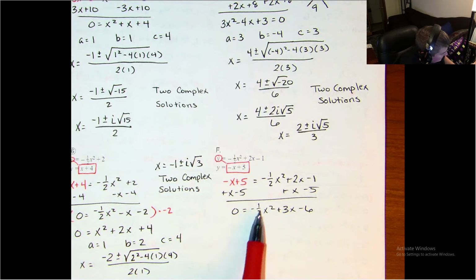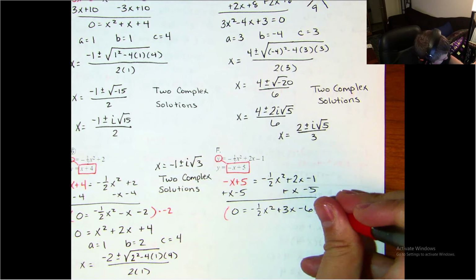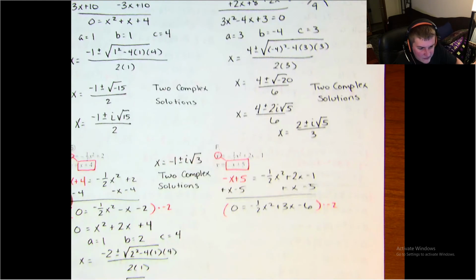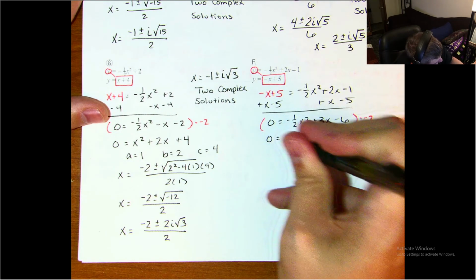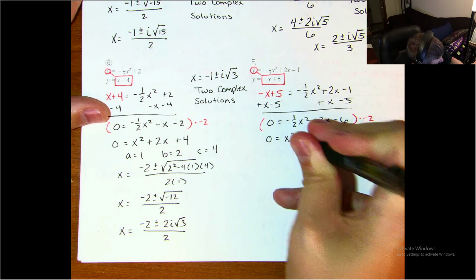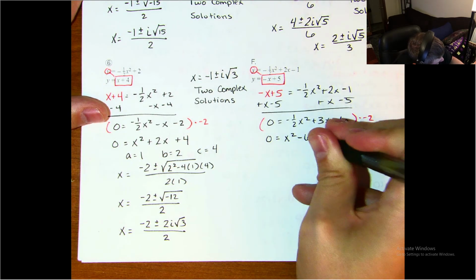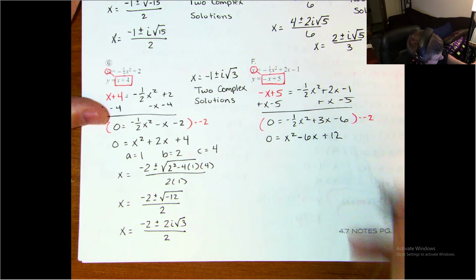I really do not want a negative coefficient, and I don't want a fractional one either. So I'm going to get rid of that negative and that fraction by multiplying by negative 2. That should get me to 0 is equal to x squared minus 6x plus 12.